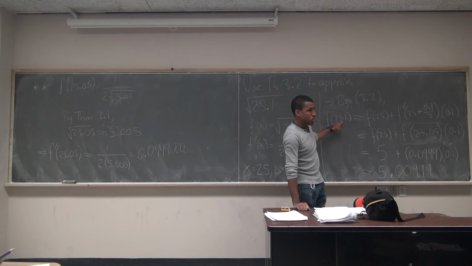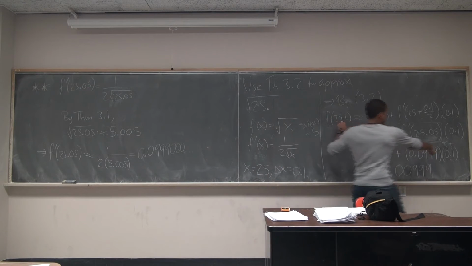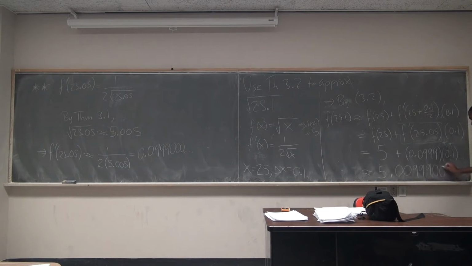That's example A when we did the first one. 5.01, right? And the actual answer when we plugged into our calculators was 5.009990002. Remember that? And remember we had a bunch of zeros missing? There were 3 zeros, right? Dot, dot, dot.